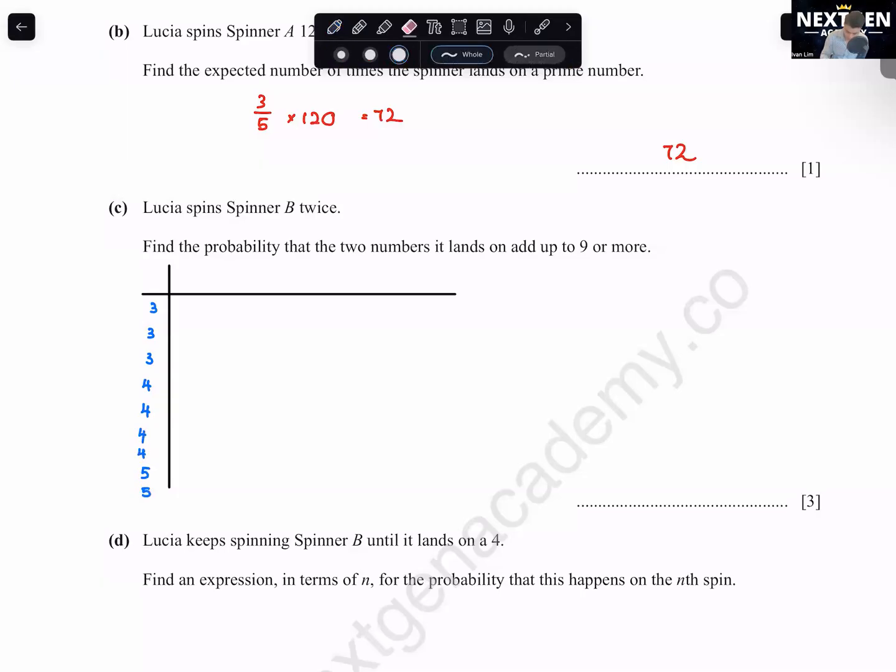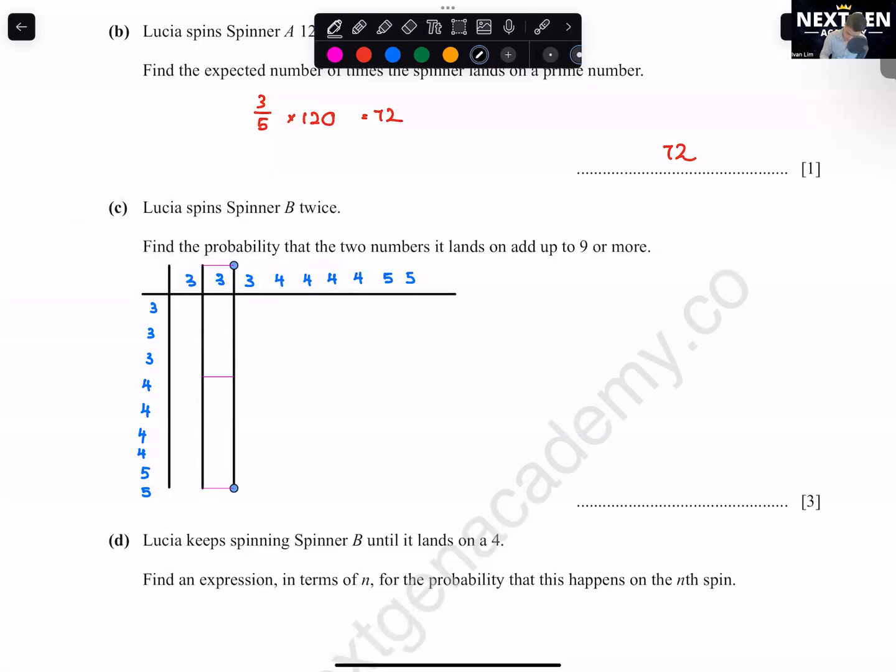Here also 3, 3, 3, 4, 4, 4, 4, 5, 5. Like this. Then I draw it a little nicer. But don't spend so much time drawing in your exam. No need to draw so nicely.